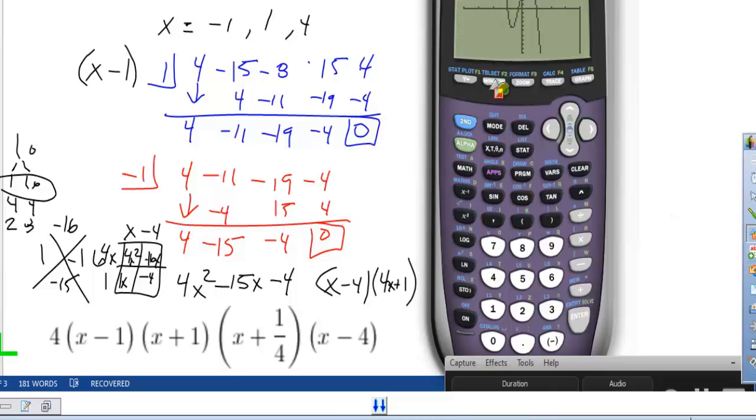So let me clean this up just a little bit and get a little bit more space. What we've found then is I had 2 of my factors originally up here. The ones I used were x minus 1 and x plus 1. So those were 2 factors of my polynomial, and then that was multiplied.